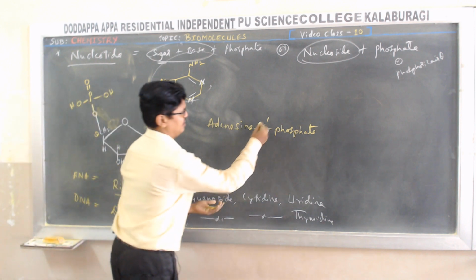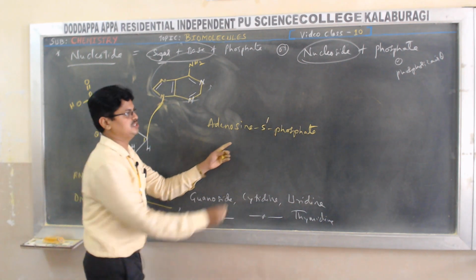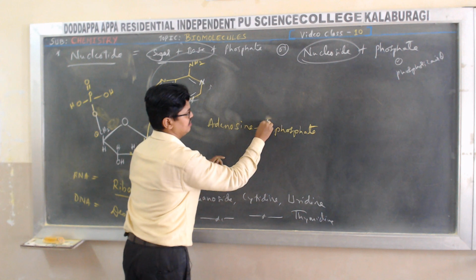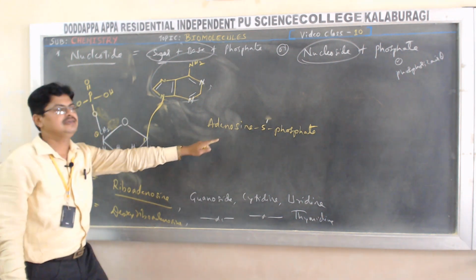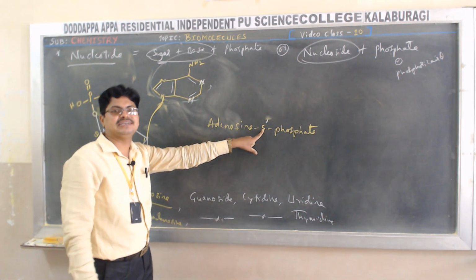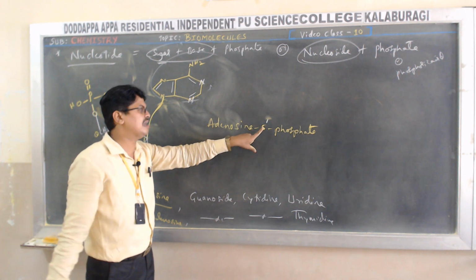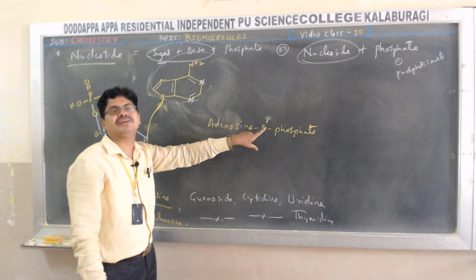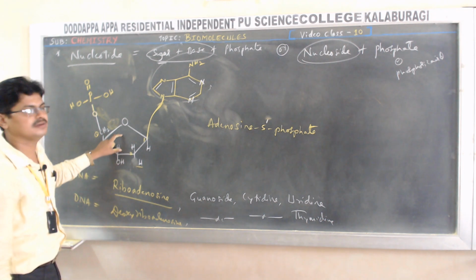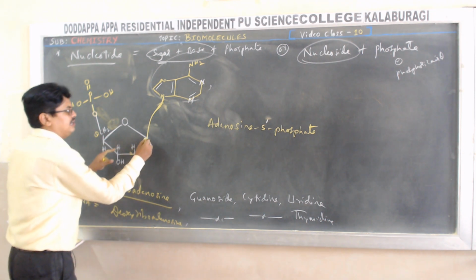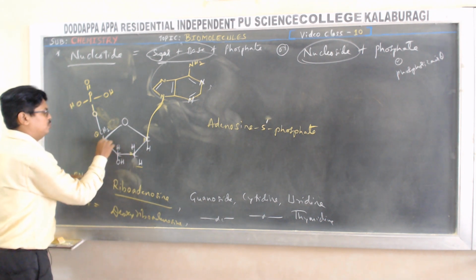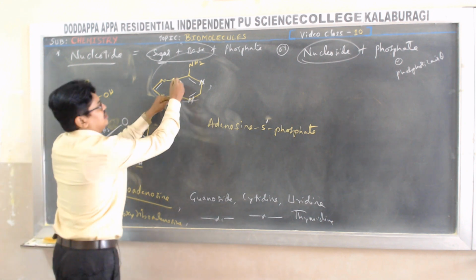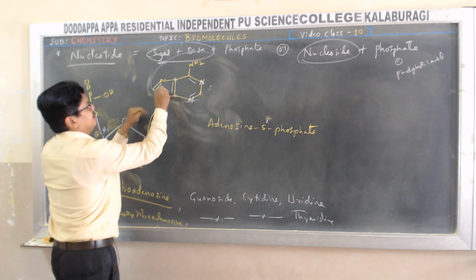Sir, why have you written 5 dash? I mentioned 5 dash here. Okay. See, the dash is just to distinguish the carbon. Distinguish the carbon from what? Sugar also contains carbon. Nitrogen base also contains carbon. Correct?